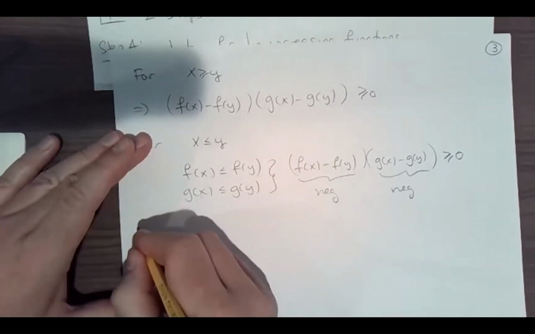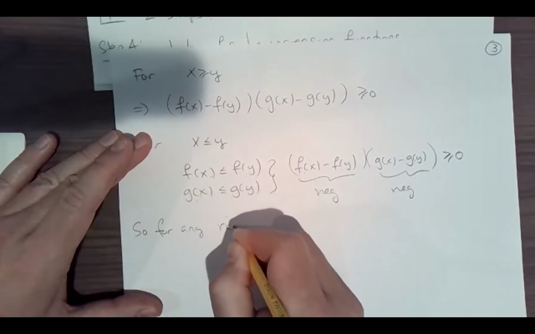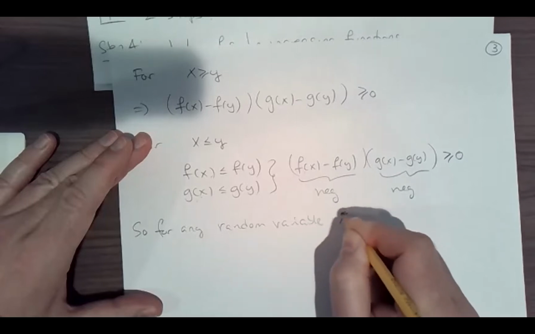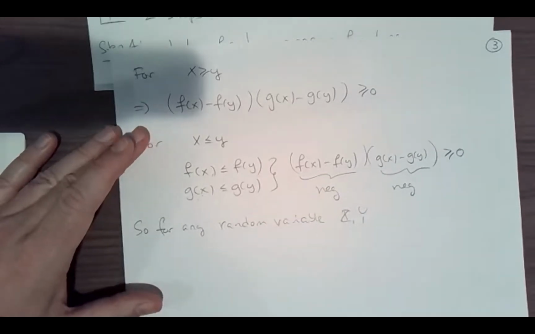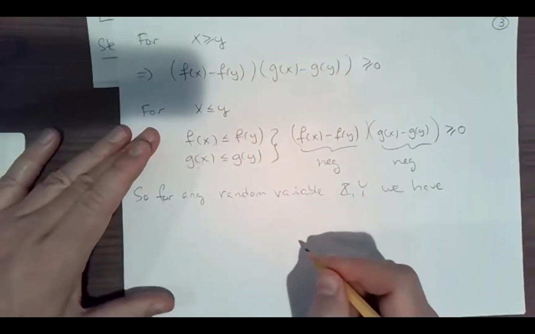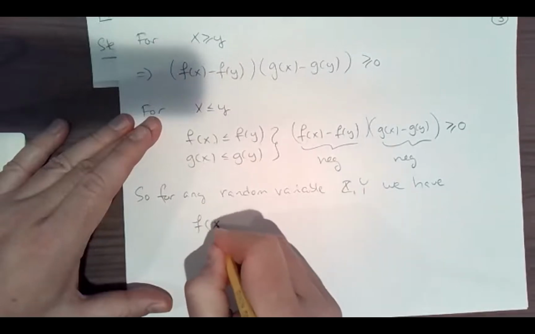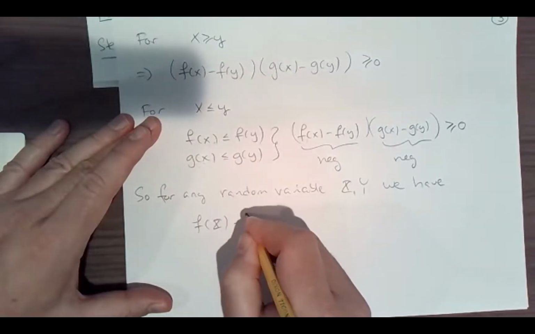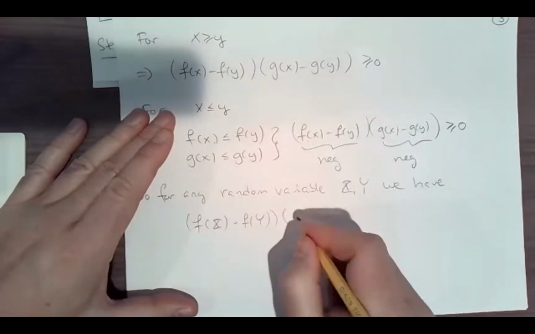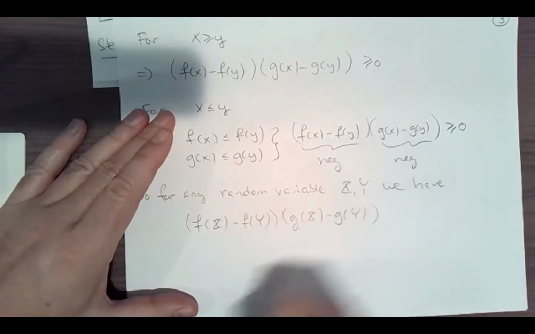Right, so for any random variables, say x and y, we'll take f applied now to the random variable x minus f applied to the random variable y. I take the product with g of x minus g of y.